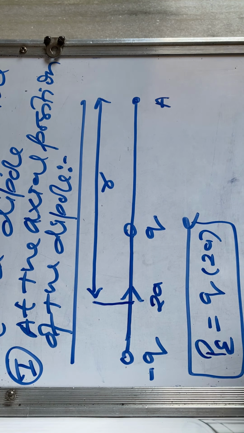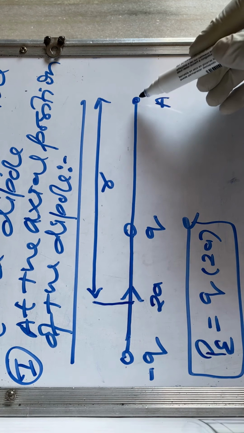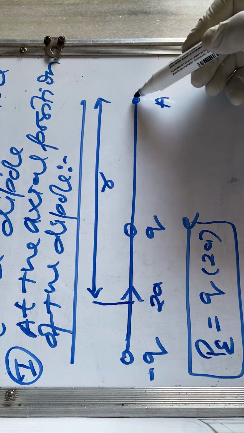Now, how to find the electric field? As we know, in order to get the direction of the electric field at a point, place a test charge at that point. Let's say we place a test charge here.